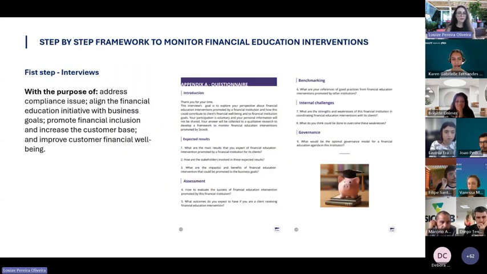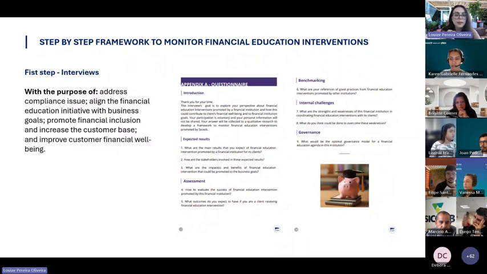So let's talk about the framework, and I would like to propose 2 steps to implement this. The first step is the interviews. In the paper that I wrote, I suggested a questionnaire to do these interviews, but it's important to say that this questionnaire could be modified by other financial institutions. They could add some questions according to their goals, for example.